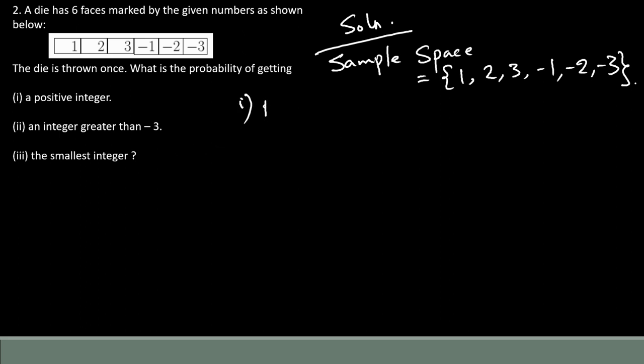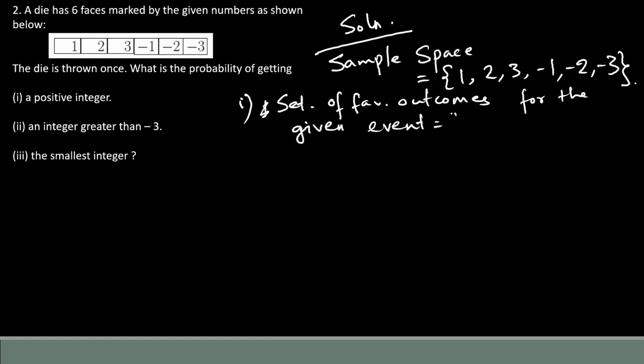So set of favorable outcomes for the given event, what is the set of favorable outcomes? A positive integer. It can be 1, 2, and 3. These are the positive integers, right? And the next, these are the negative integers, right? So what are the set of favorable outcomes? It will be 1, 2, or 3.